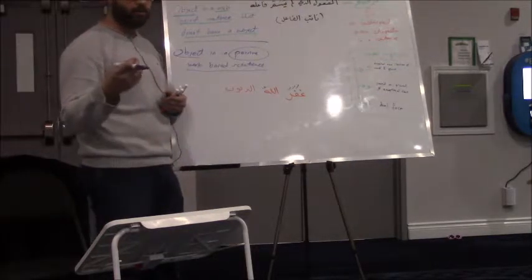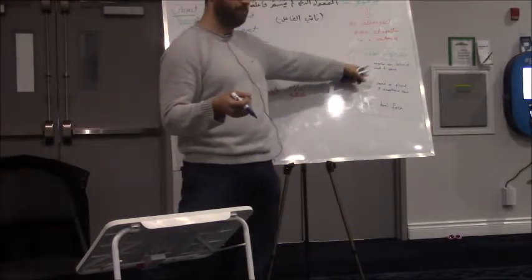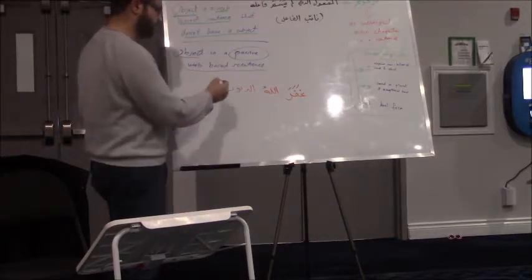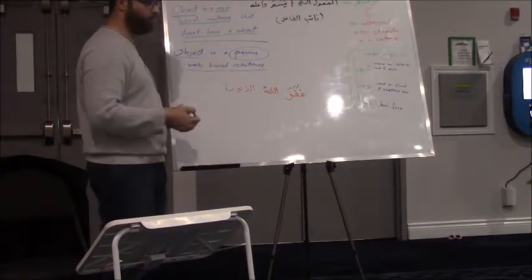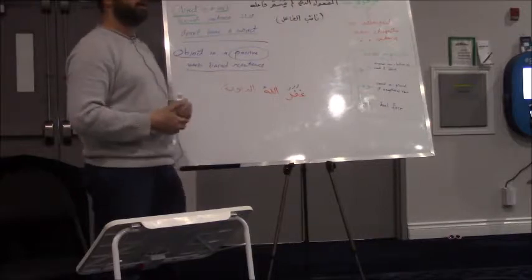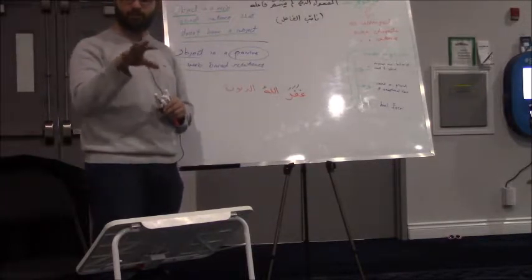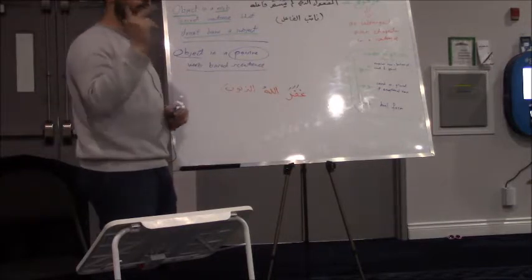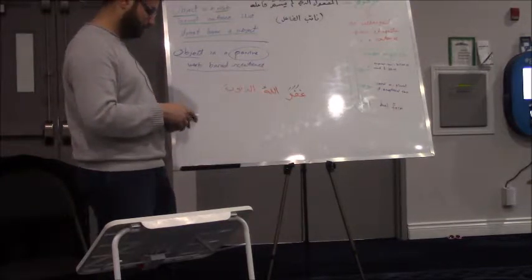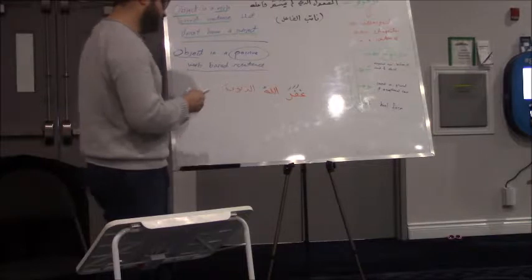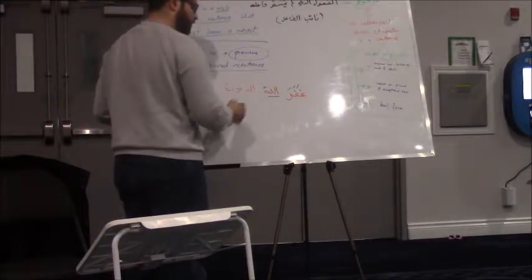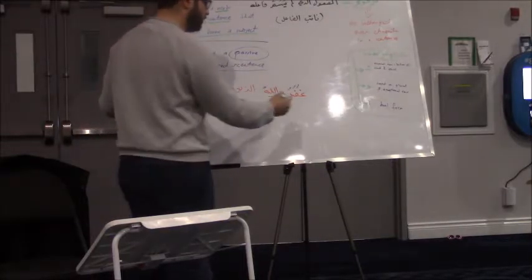It's a singular noun, so the marker of rafa' is going to be a dhamma, right? And then dhunub is the object, it's going to be mansub, dhunuba. Now if I want to say the sins were forgiven, I want to focus on the sins being forgiven, I don't want to call out who actually forgave it. Then what I would do is remove Allah subhanahu wa ta'ala's name from the sentence.